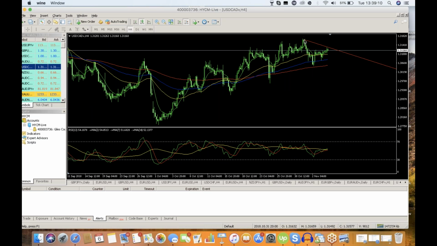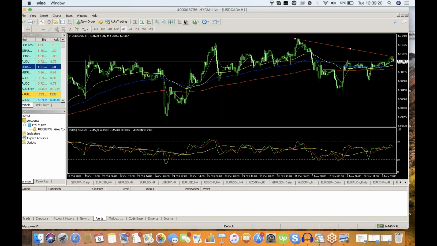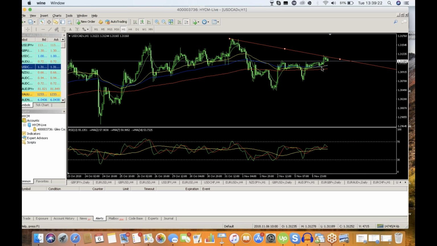There's a little trend line from those two places there, and price is finding some resistance. And what we're expecting to see is if oil prices recover.